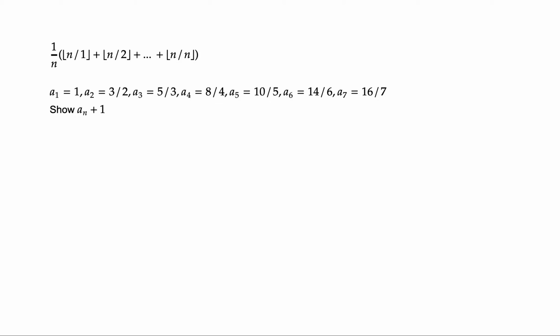And we can do this as follows. I add 1 for the reason that if you add 1, then you're adding 1 to each term, which makes the entire thing greater than or equal to 1 over n times the ceil of n over k, because of the inequality.